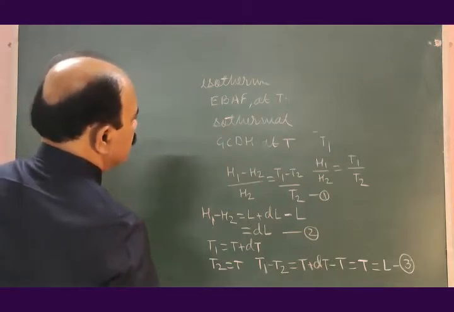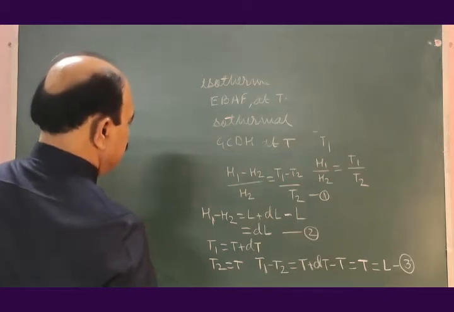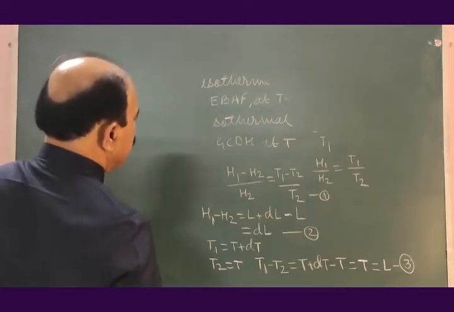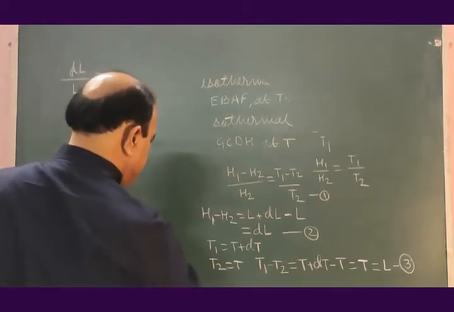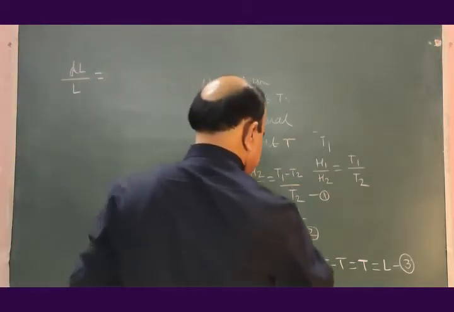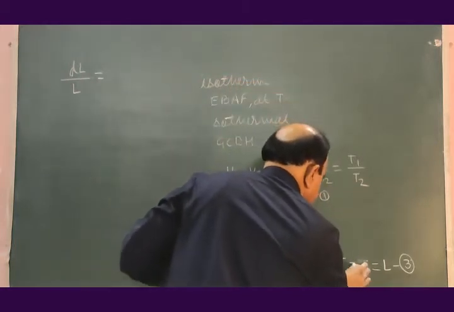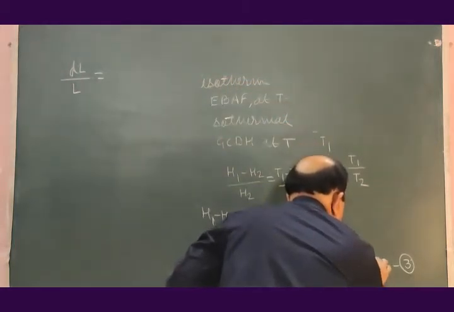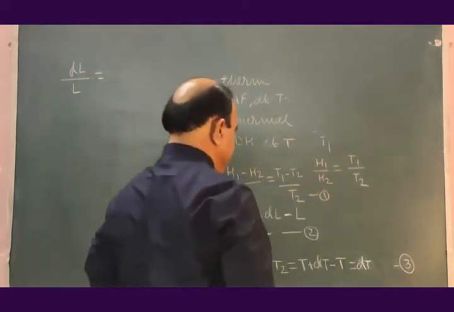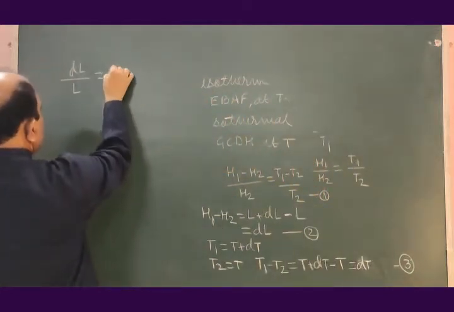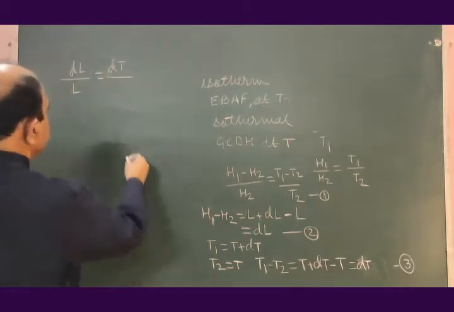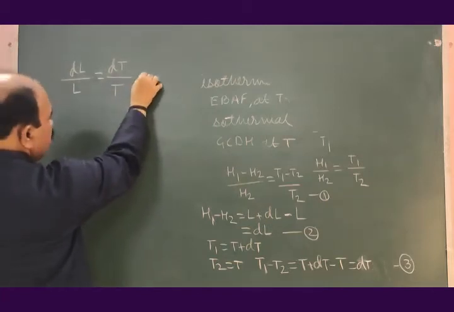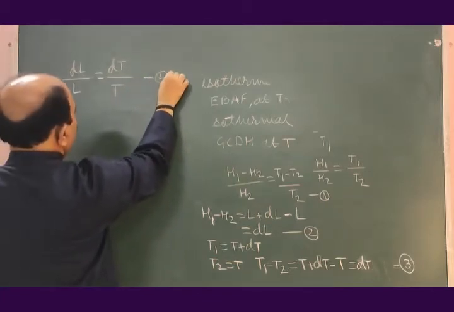So this is what dl divided by L is equal to dt divided by T, equation number 4.